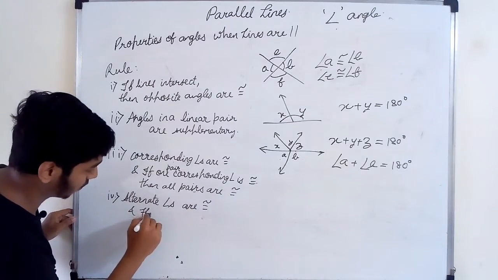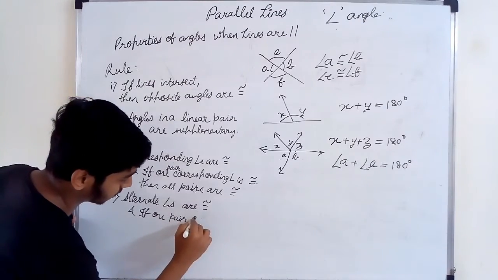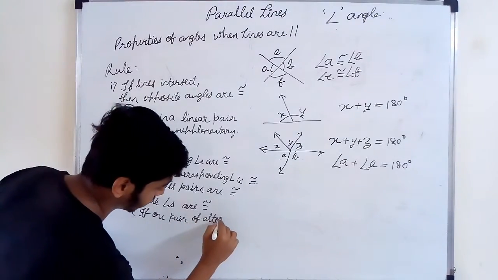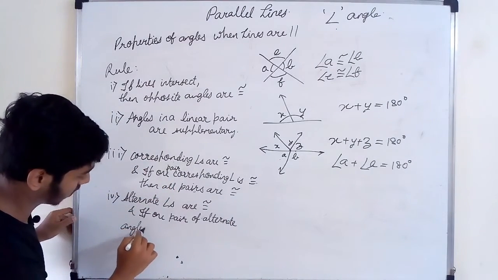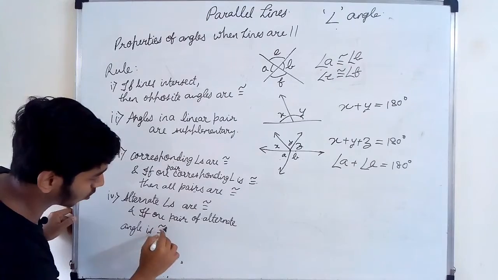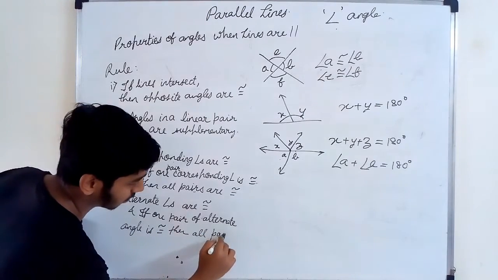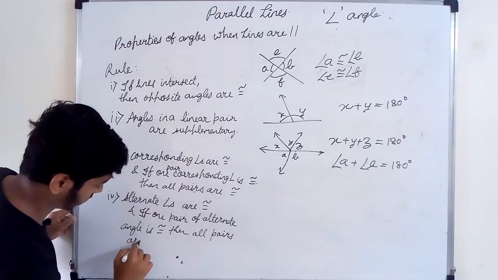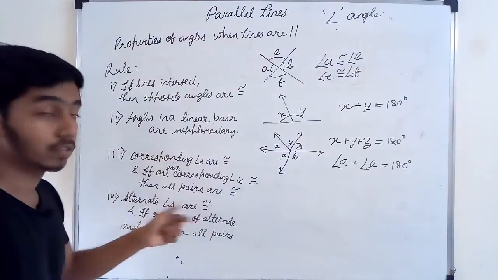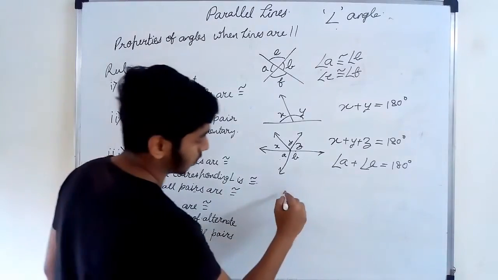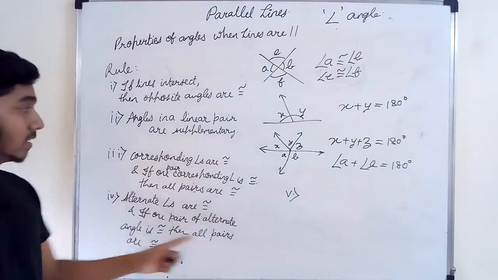And if one pair of alternate angle is congruent, then all pairs are congruent.